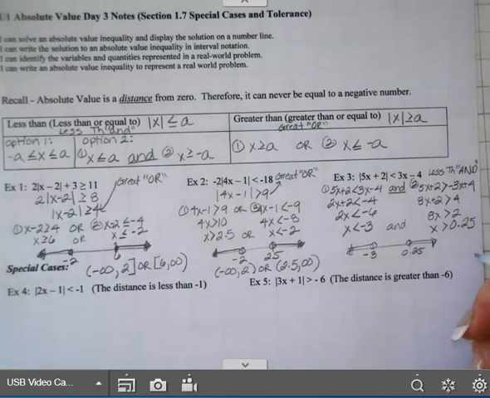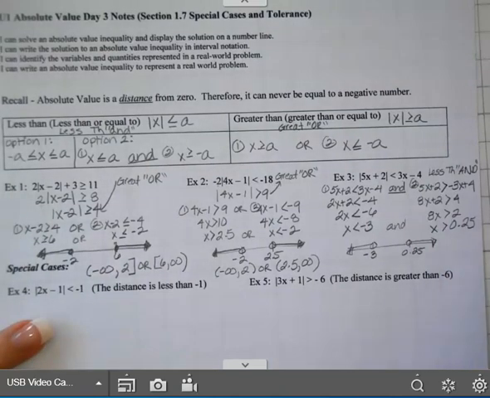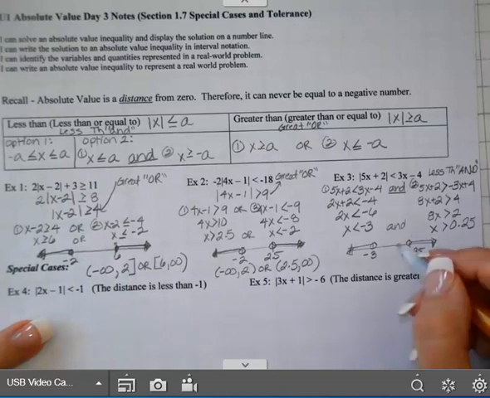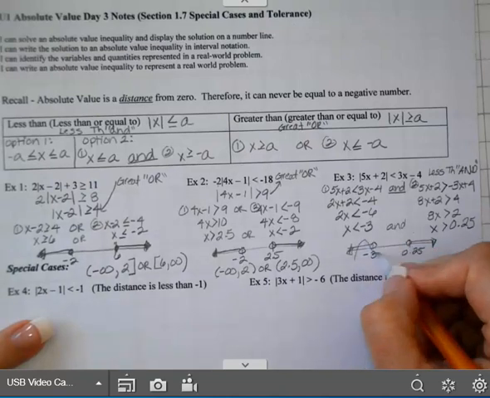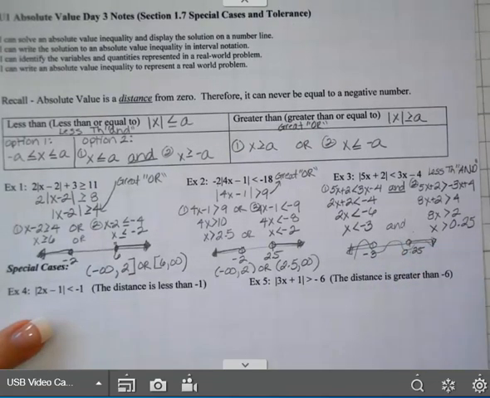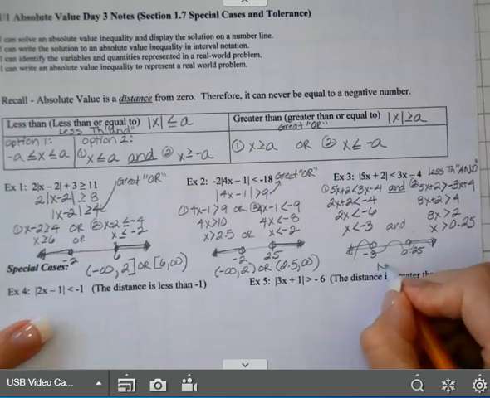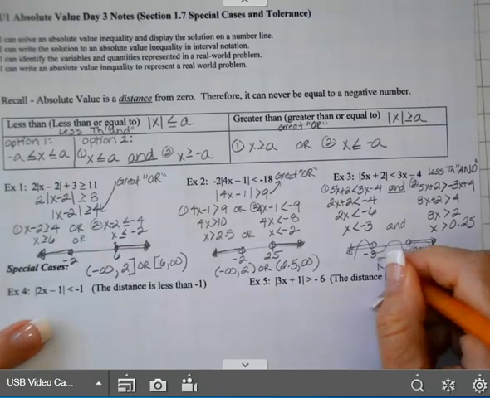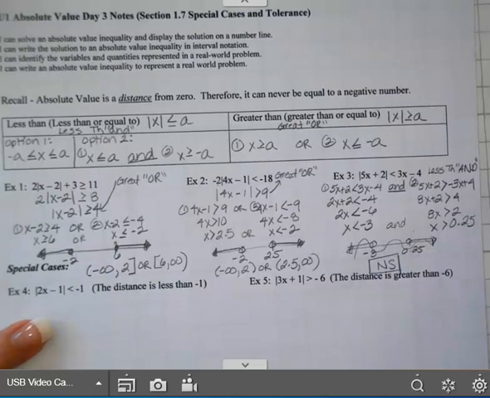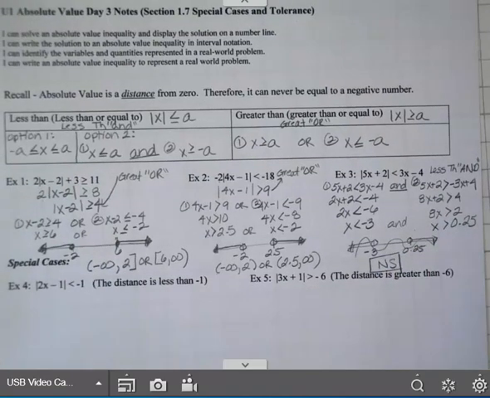But this is an and statement, so I have to look where they overlap. These two graphs never overlap. So there is no solution on this. If I were to graph it, I would just leave my number line empty. They don't overlap, so there is no solution.